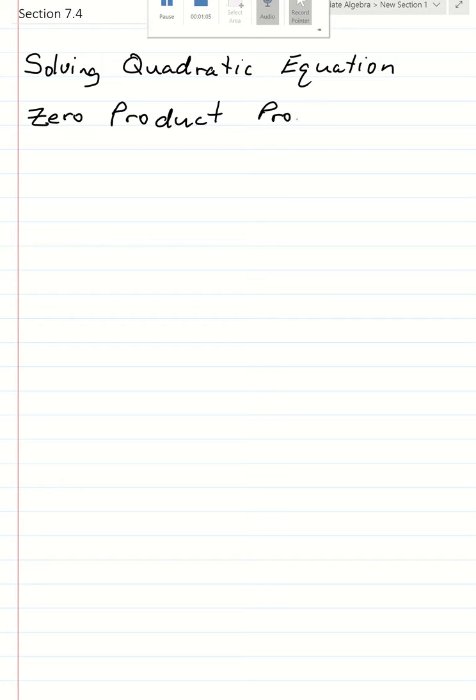Now, it's very important that we understand what this property is going to be telling us. The zero product property tells us the following, that if A times B equals 0, then what we'll be able to say is that A equals 0 or B equals 0.